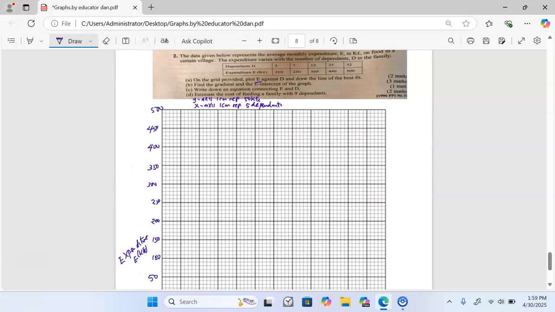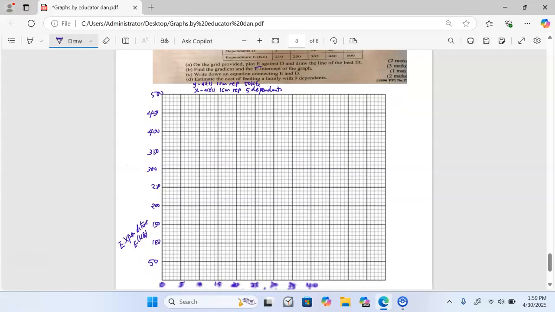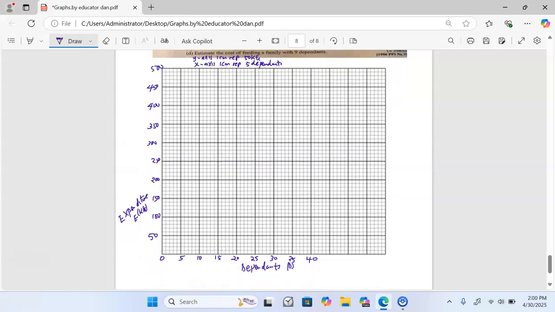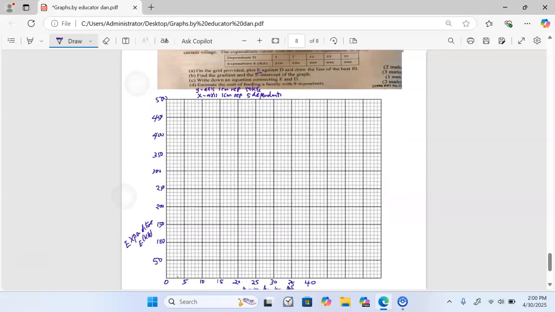From there we are able to do our plotting. When dependents are 3, the expenditure is 210, so 210 is going to be here.